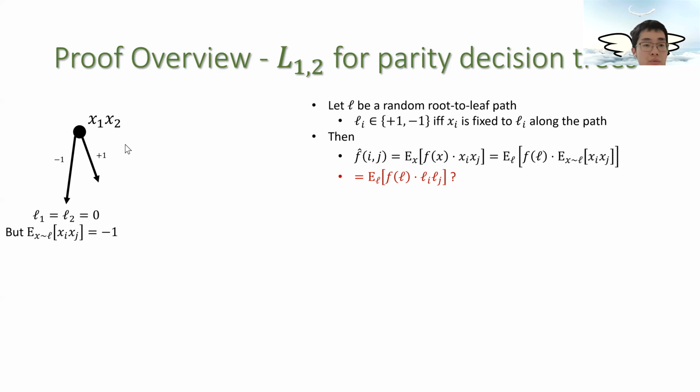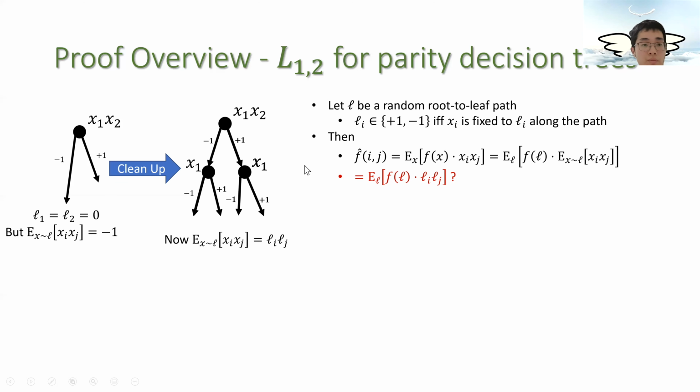Here is an example. Assume we only query the product of x1 and x2. Then individually, we do not fix x1 nor x2. However, we fix their product. So this red equation does not hold anymore. But for our purpose, we will do a cleanup.